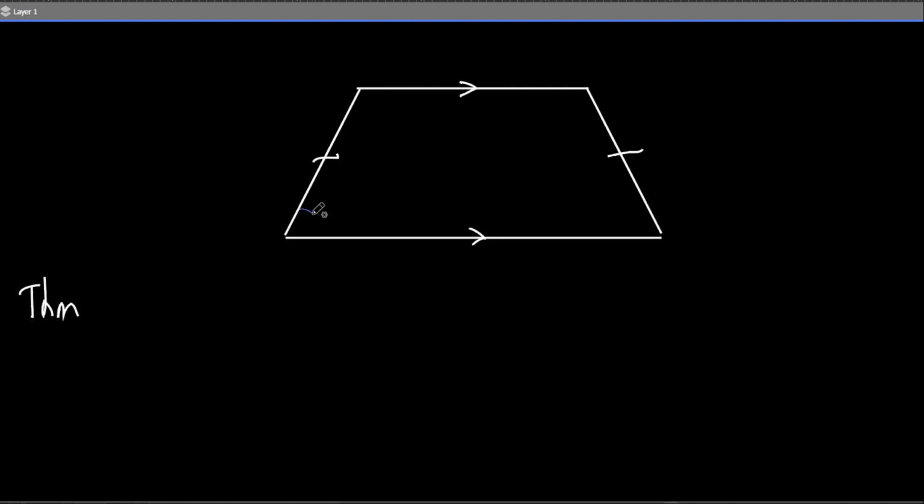So this right there is a base angle. But this one right here is also a base angle as well. Does it look like these two are equal to each other? No. So I'll put one arc here and two arcs for that, just to show they're different. But this theorem says that the base angles of an isosceles trapezoid are what? What do you think, just off the top of your head, is true about this one and this one?